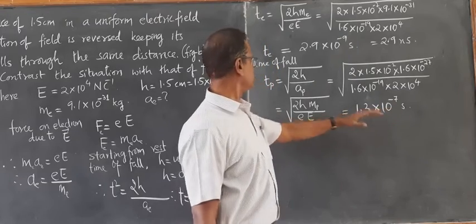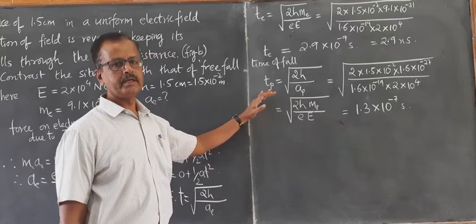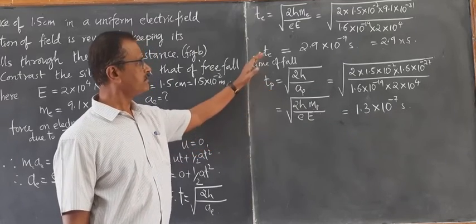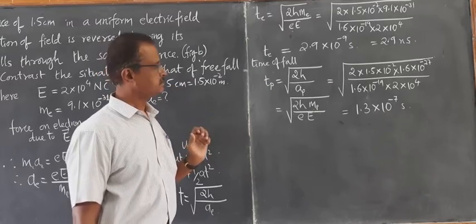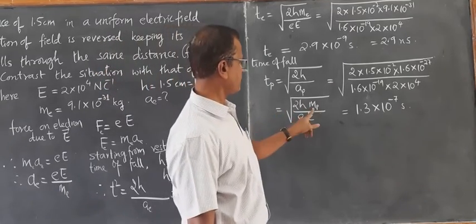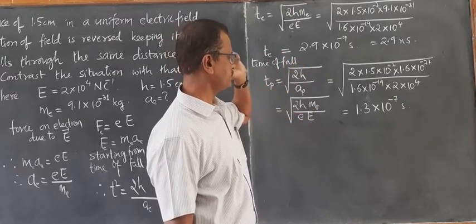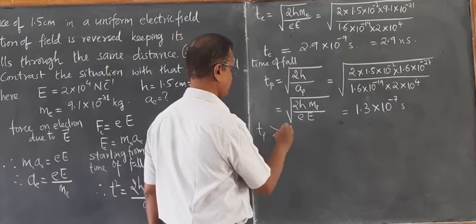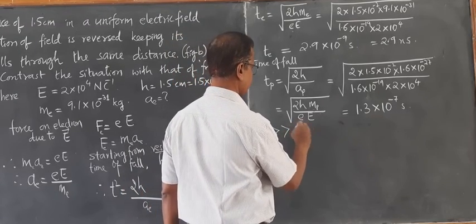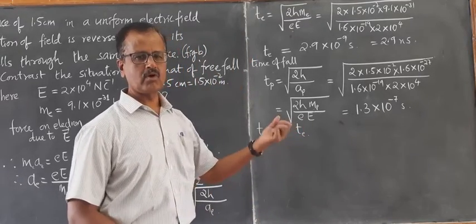So the time of fall of proton is very long compared to the time of fall of electron. The reason is the mass of proton being quite heavier compared to the mass of electron. Therefore, the time of fall of proton is quite greater than the time of fall of electron.